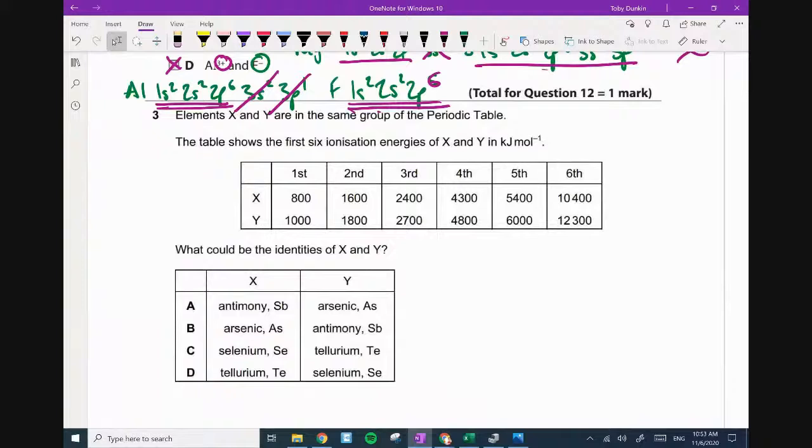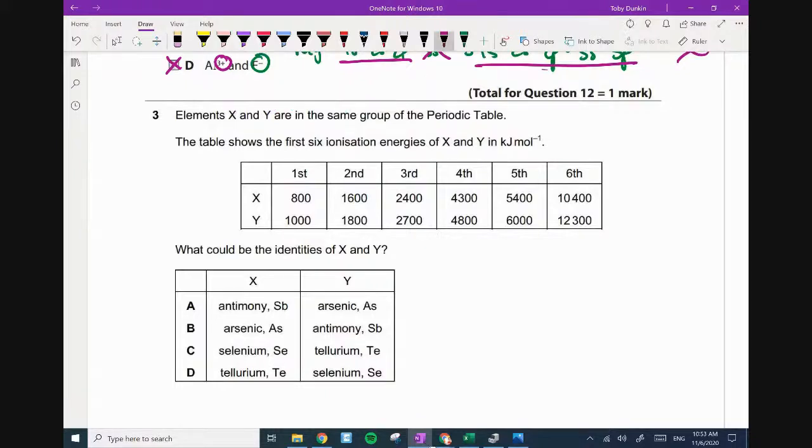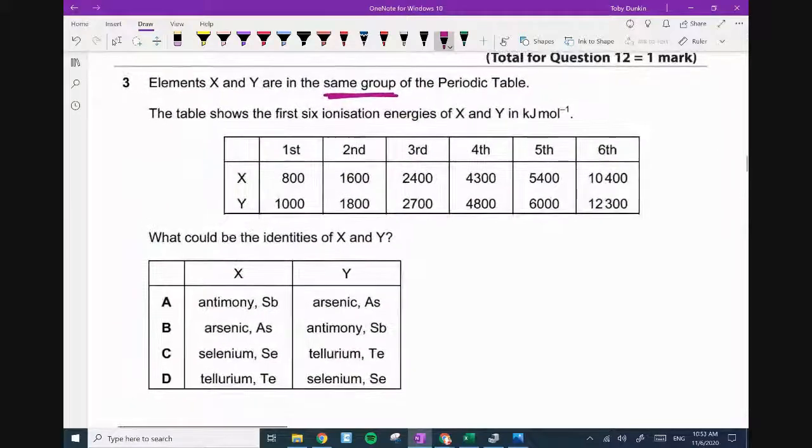So, okay, first thing is elements X and Y are in the same group. What group are they in?